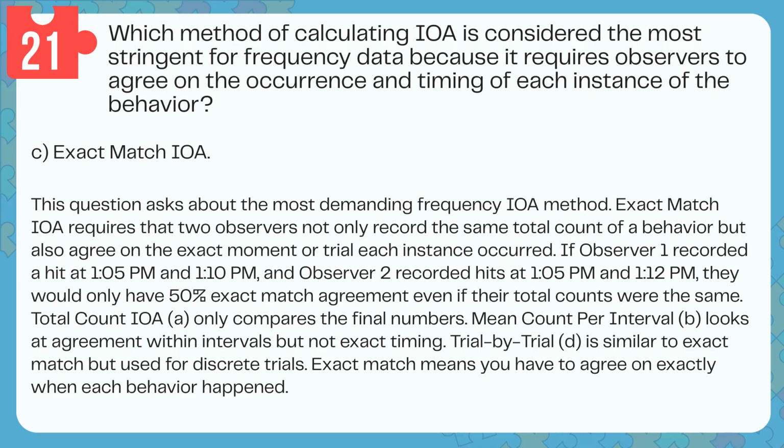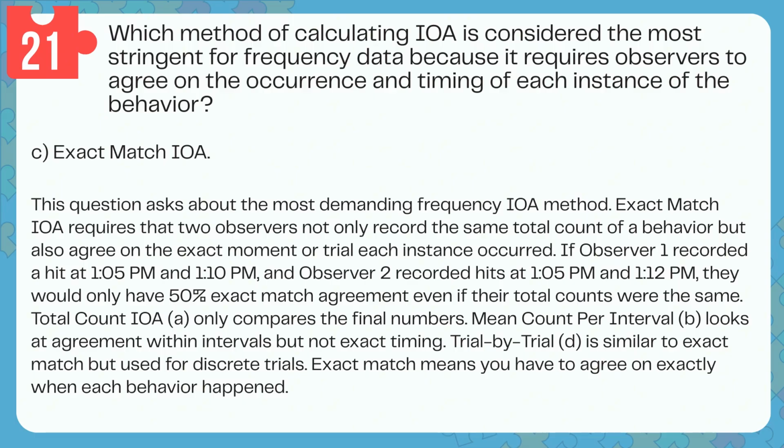Explanation. This question asks about the most demanding frequency IOA method. Exact match IOA requires that two observers not only record the same total count of a behavior, but also agree on the exact moment or trial each instance occurred. If observer 1 recorded a hit at 1:05 p.m. and 1:10 p.m., and observer 2 recorded hits at 1:05 p.m. and 1:12 p.m., they would only have 50% exact match agreement even if their total counts were the same.